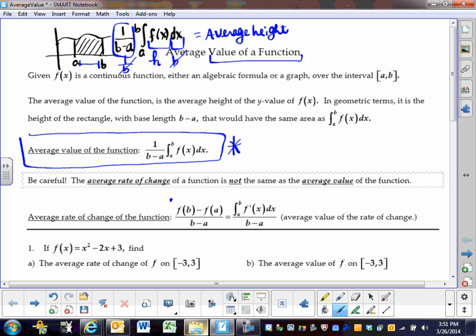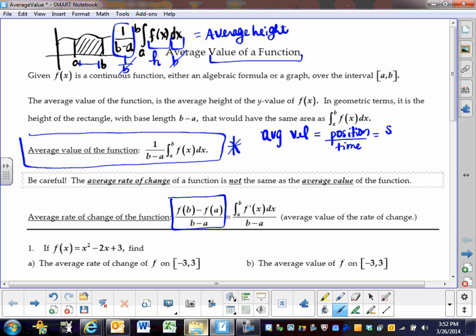The average rate of change on an interval is f of b minus f of a over b minus a. If we start out with f prime, that is not going to give us the average rate of change if we make that a slope. For example, if I want the average velocity, velocity has to be position over time.